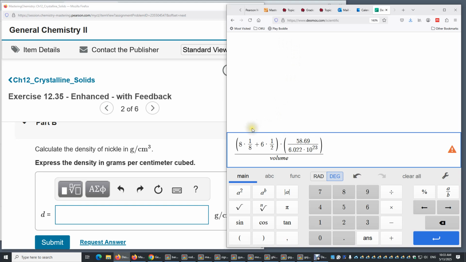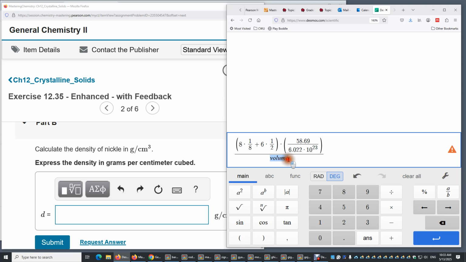Now on top we have the number of nickel atoms inside one unit cell, which is 4, times the mass of one nickel atom, which is its molar mass divided by the Avogadro constant.